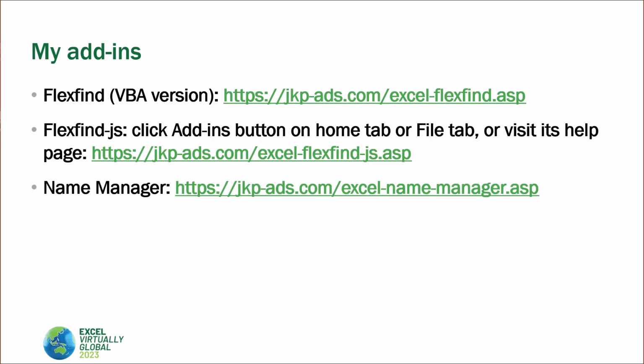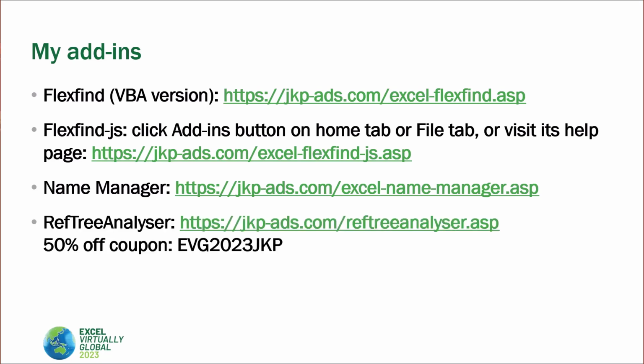Then I've demonstrated my Name Manager add-in, which is really useful if you have lots of range names. And finally, I've shown you what my ref tree analyzer is capable of, which you can find using this URL. I'm offering a 50% off using this coupon code, which is valid until October 14th.